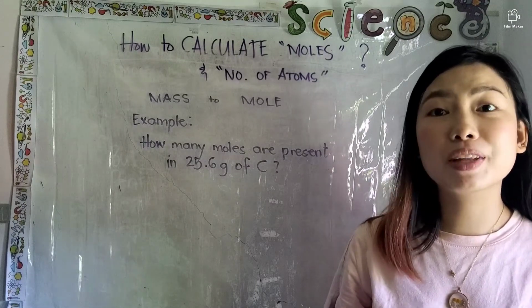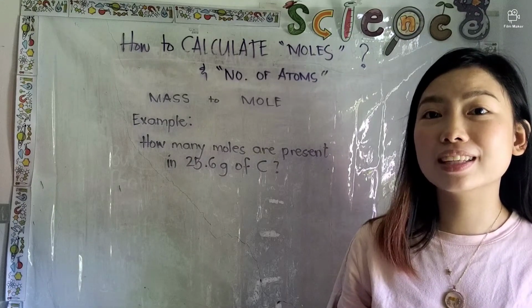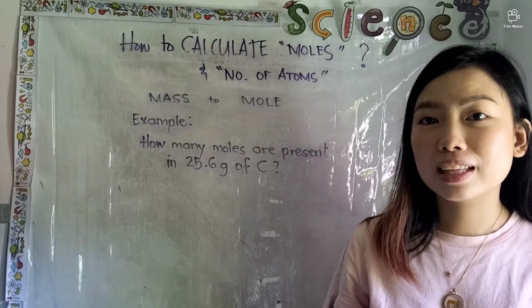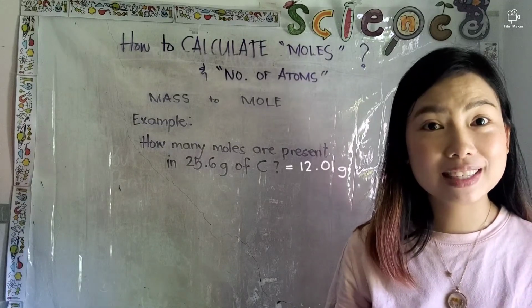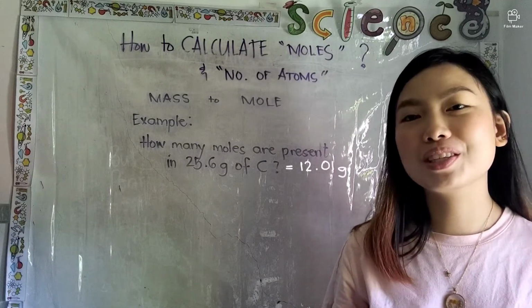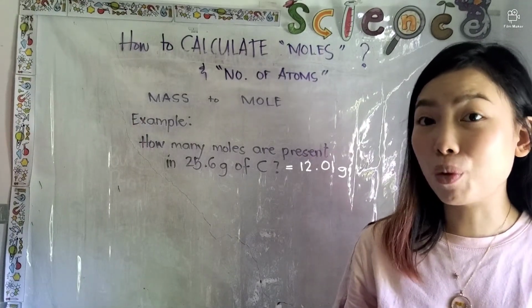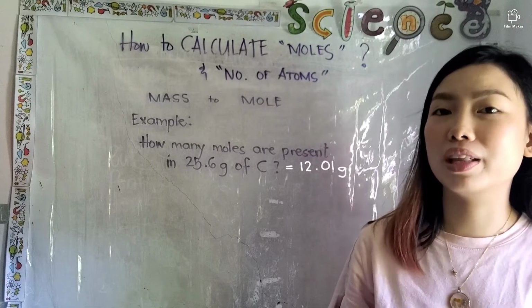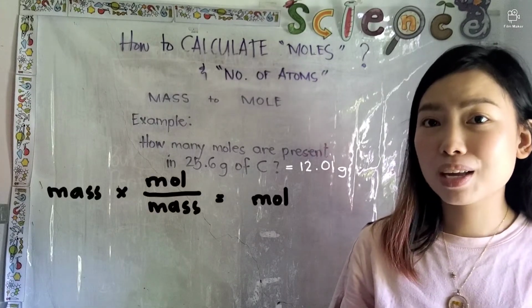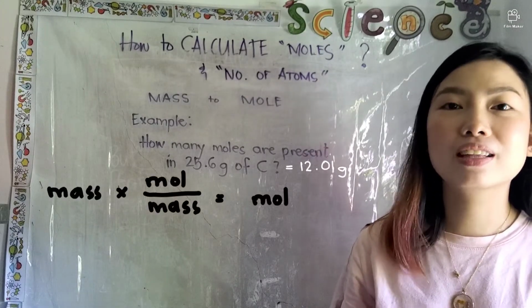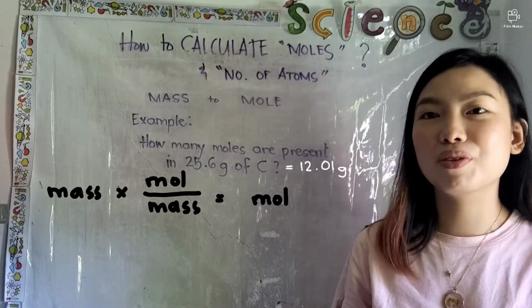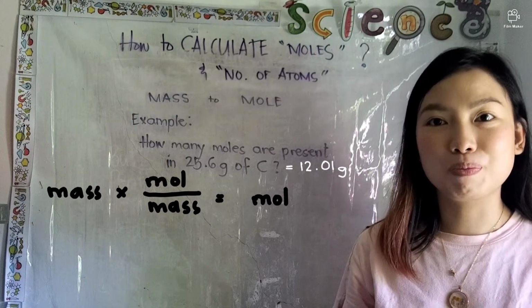So since element carbon pa rin ang tinutukoy natin, then ang gagamitin natin na value of mass is still 12.01 grams of carbon. So to get the value of mole, our formula will now be mass multiplied by the mole divided by mass will give you the answer of mole.